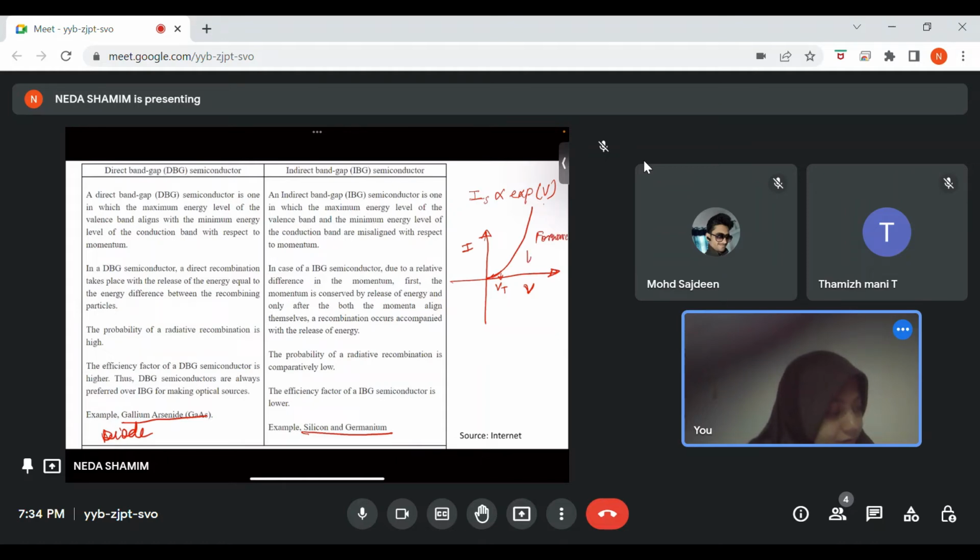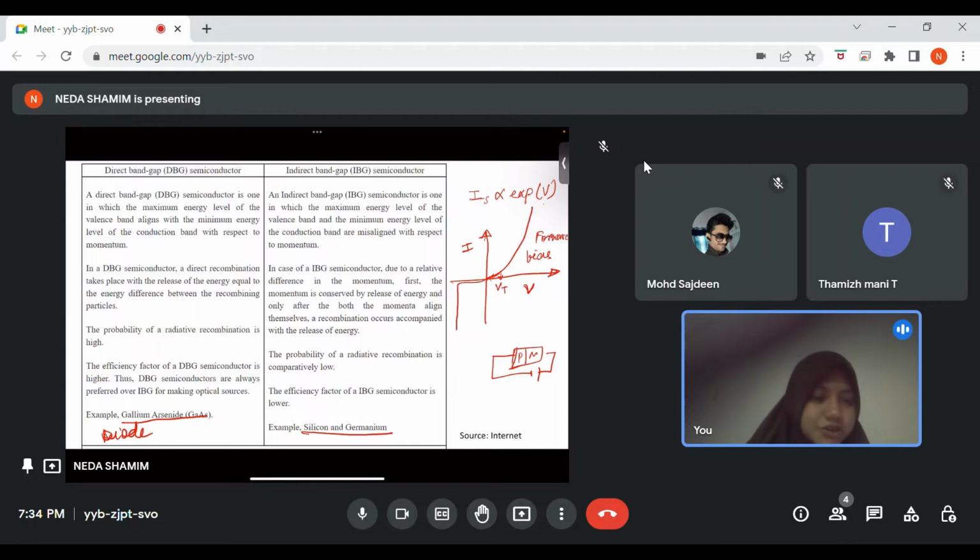We can also give a reverse bias, where N is connected to the positive and P is connected to the negative, and this is what you call reverse bias. In this, there will be very small current, but at some voltage there will be an avalanche, or a saturation of the current.